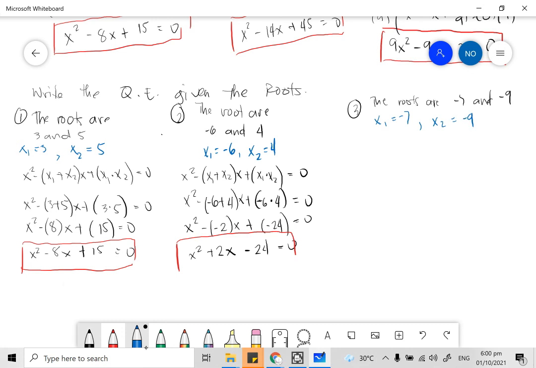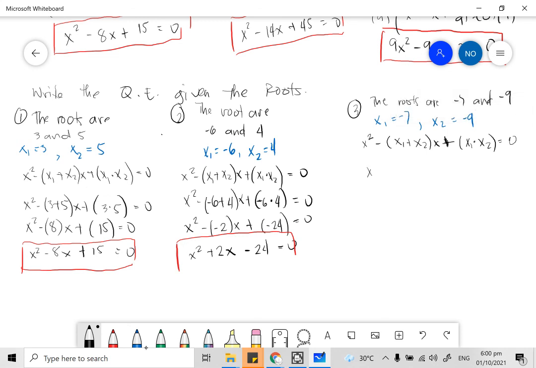Now, using the formula is x raised to 2 minus the quantity of x sub 1 plus x sub 2 variable x plus the quantity of x sub 1 times x sub 2 equal to 0. Let's substitute class the values of x sub 1 and x sub 2.